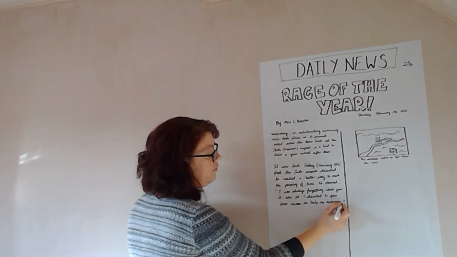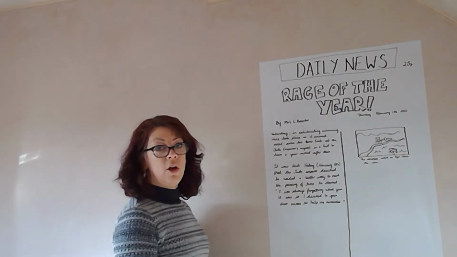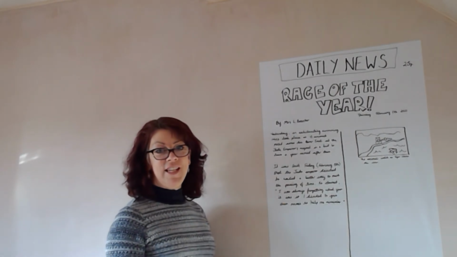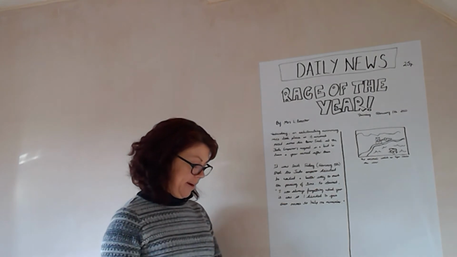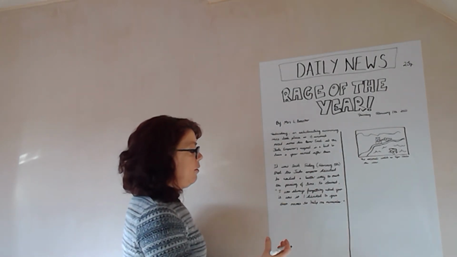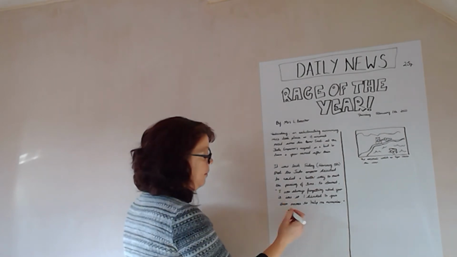And there's my full stop, and then my inverted commas even to show that we've reached the end of what the Emperor is actually saying. So we've said that he claimed I was always forgetting what year it was, so I decided to give them names to help me remember.